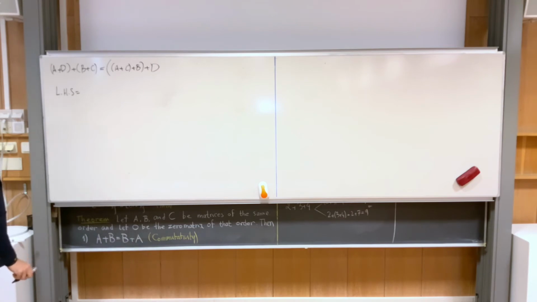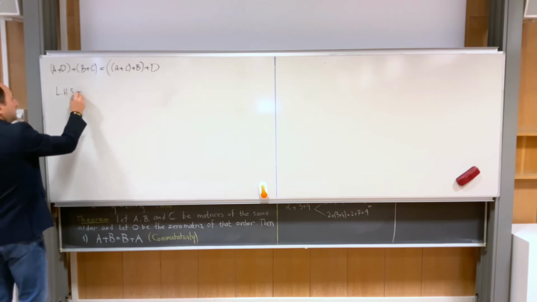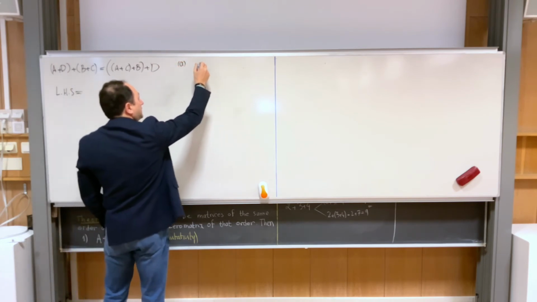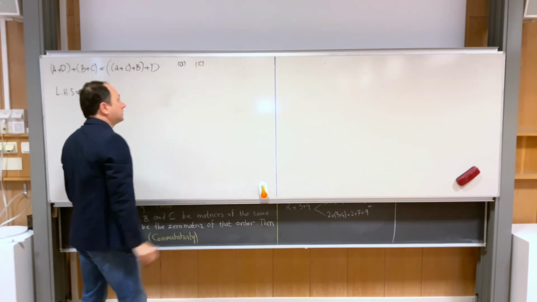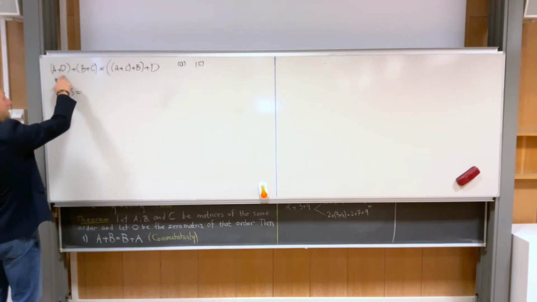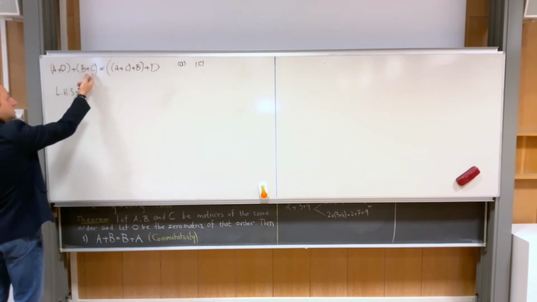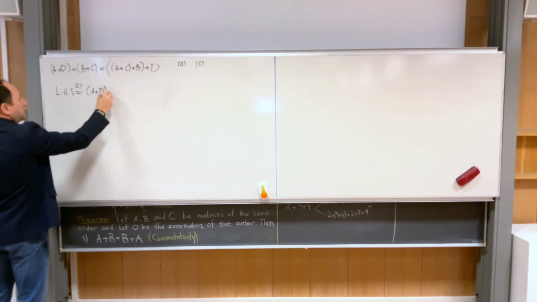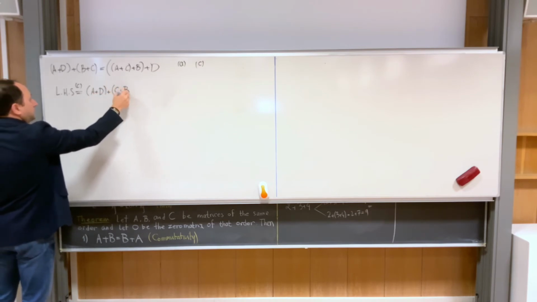So for example, what I can do one way, let me use the letter A for associativity and letter C for commutativity. Okay, so here what I do is I interchange these two first. It is possible, so I use commutativity, and then I would write A plus D, and then I would write C plus B.